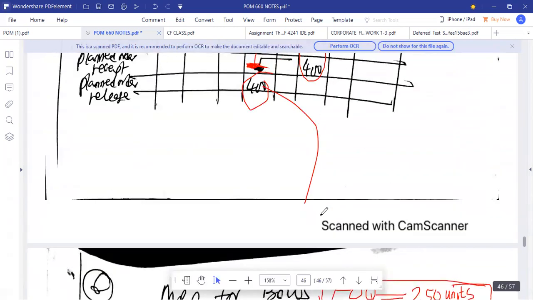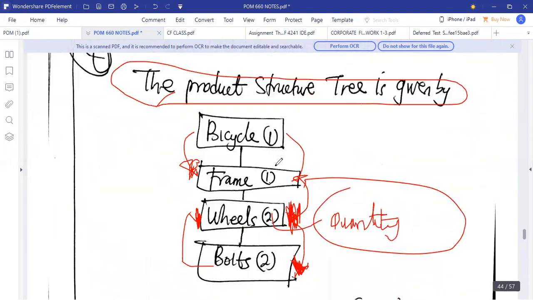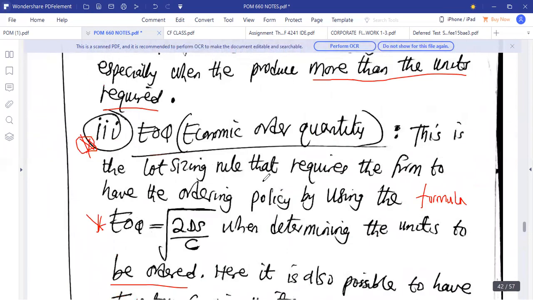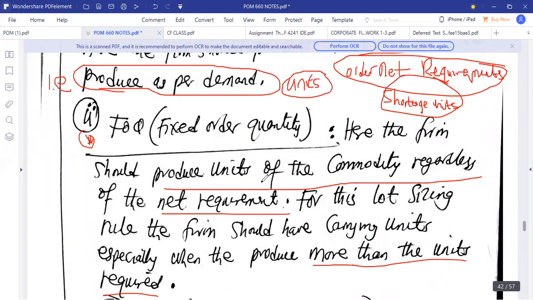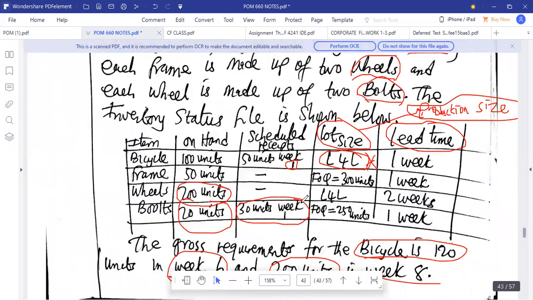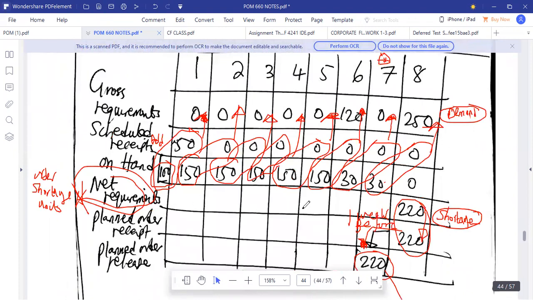Okay, so let me explain the fixed order quantity. With a fixed order quantity, we are simply saying we are ordering regardless of demand. Let's go to the frame as an example. For the bicycle, lot for lot, you understood, because you are ordering the net requirements. So if the net requirement is 20, you order 20.